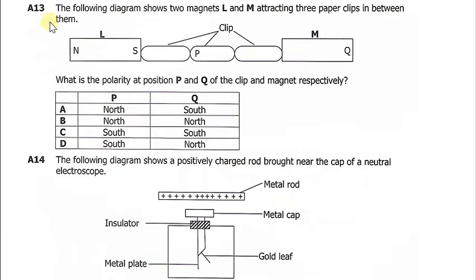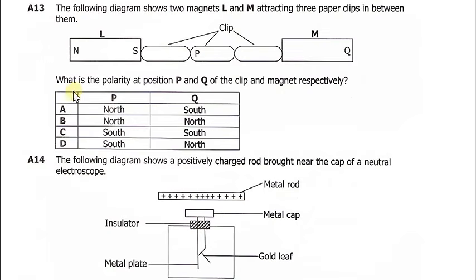We move to A13, which says the following diagram shows two magnets L and M attracting 3 paper clips in between them. So you have this magnet and this magnet here, and they're attracting paper clips in between them.